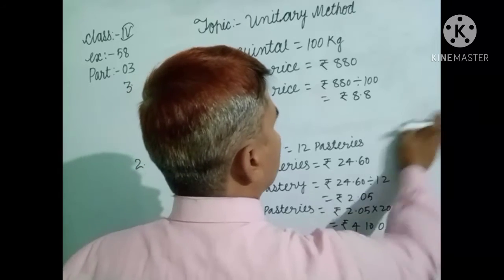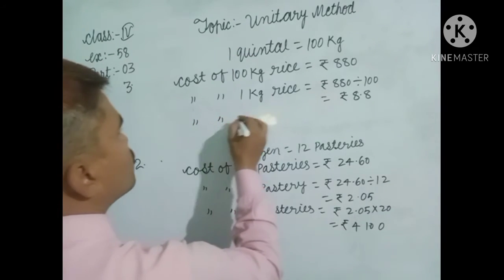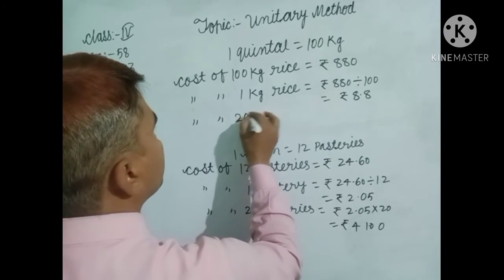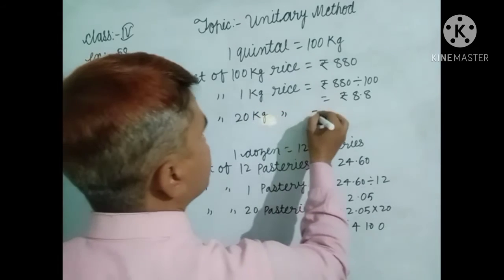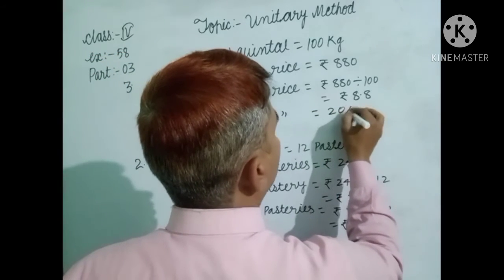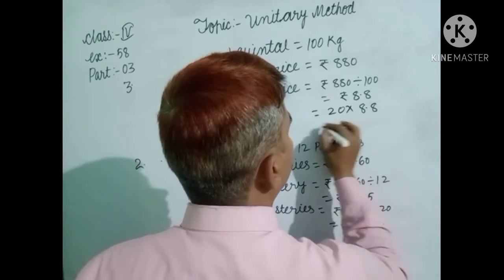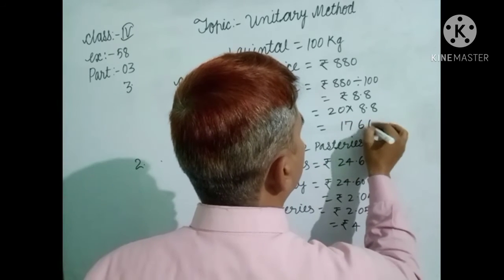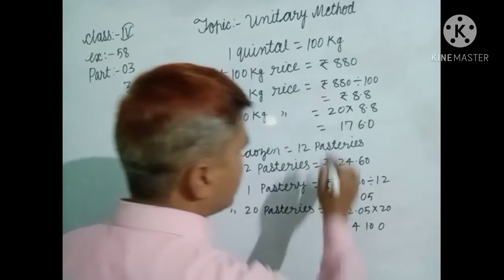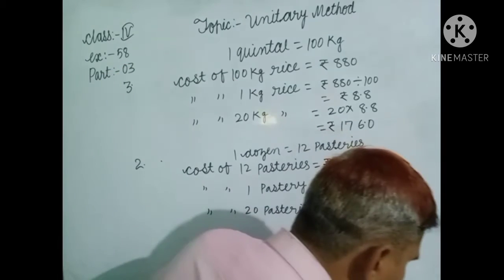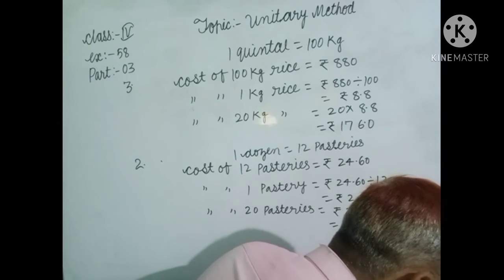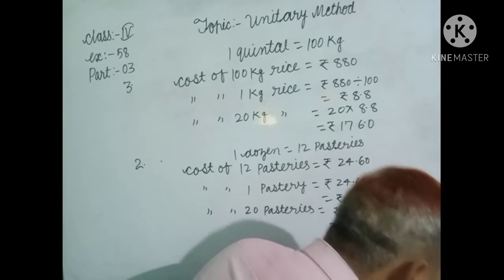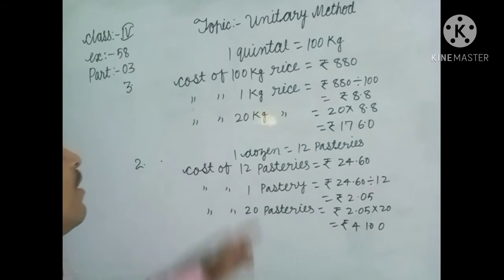So you find the cost of 20 kg rice is equal to 20 multiplied by 8.8. Here 8 times 2 is 16, put the 0 and the decimal. That means 176 rupees is the cost of 20 kg rice.